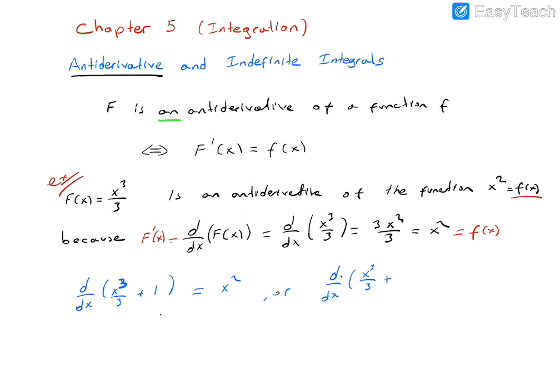Let's say minus e, for example. Minus e is again x square. So this implies x cube over 3 plus 1, x cube over 3 minus e are antiderivatives of f of x equals the x square function.